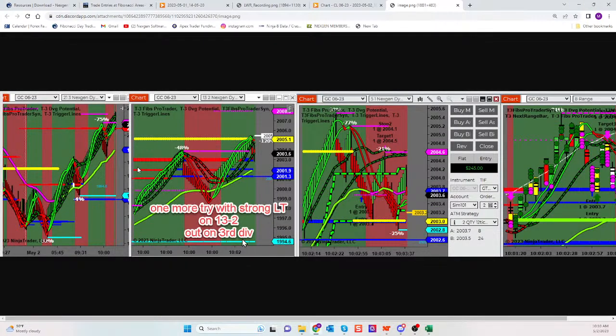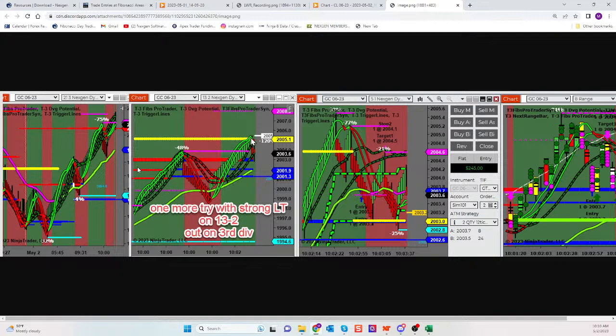Then Tony says, one more try with strong triggers on the 13-2, out with divergence. So Tony, just making sure that I'm looking at this right, you are trading directly into a termination condition at 2005.1.